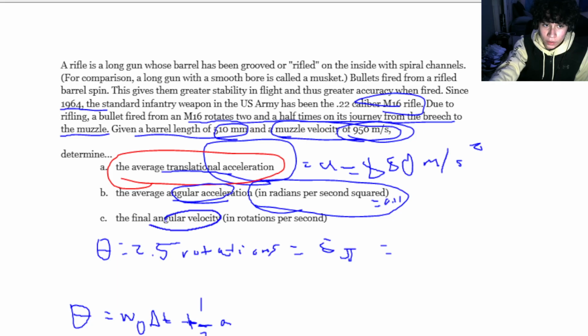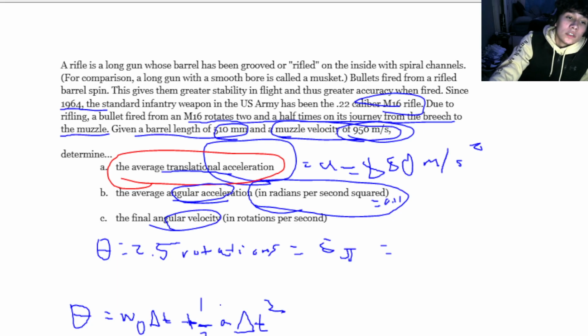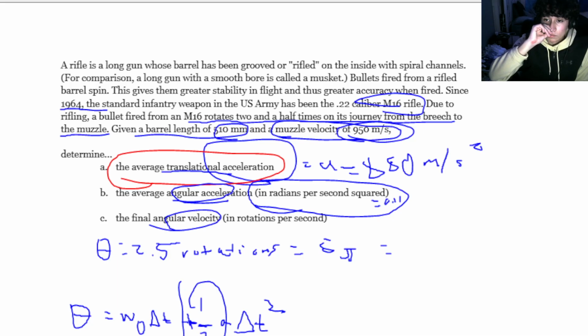So it's gonna be like what we did before in part A, and then time t to the second power. If we're finding angular acceleration, we just rewrite the equation. But since initial angular velocity is 0 because the bullet starts with no spin.